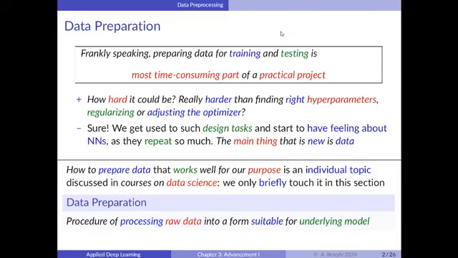Data preparation is usually time consuming. Don't look at the projects on the web where the data set is ready. Real projects usually start from gathering data. For example, consider a hospital, it should gather information from the patients.